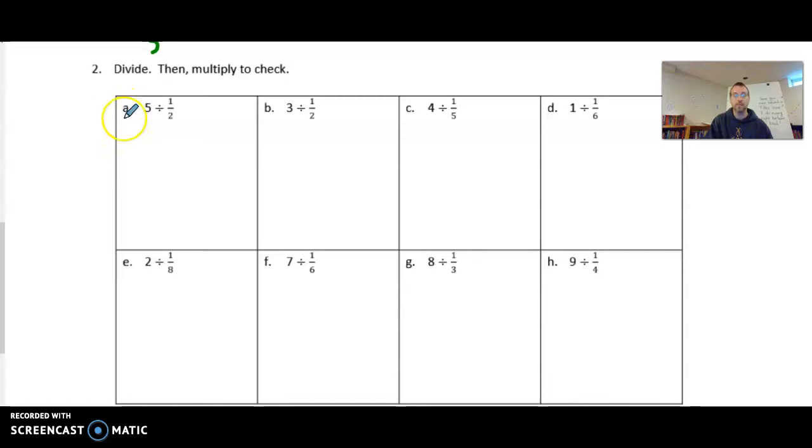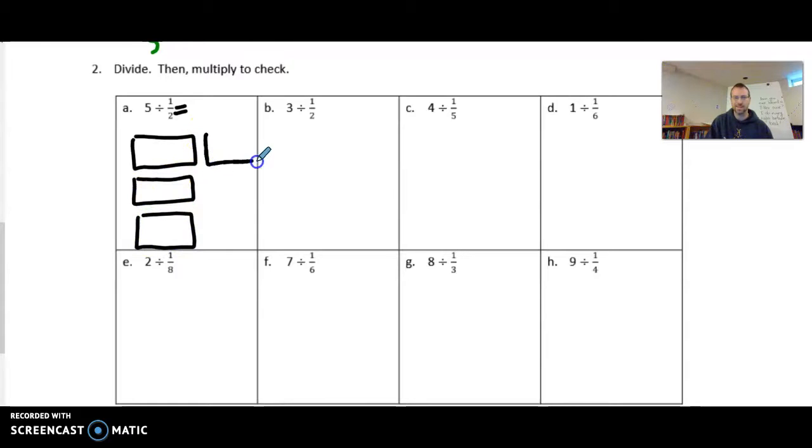But let's do A. We're going to find out what this equals. And I'm going to draw 5 candy bars. I always like to think of them as candy bars. And try to make them about equal as possible, and kind of squeeze them in here. There's 5 candy bars, and I'm going to cut them into halves.